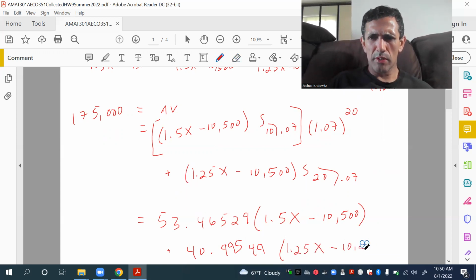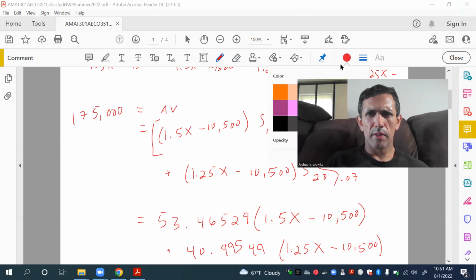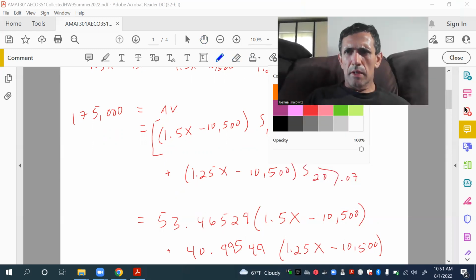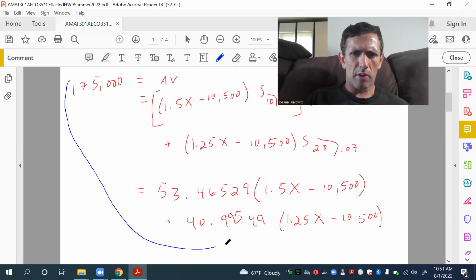Just in case you want to know what these numbers are. Okay, so yeah, basically all we do here is just solve for x.